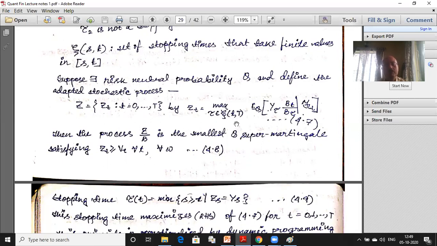So, if I do this maximization for time points t going further and further to the right, closer to capital T, this will be reduced. This cannot increase. Is that okay? That this conditional expectation cannot increase as I move towards capital T?